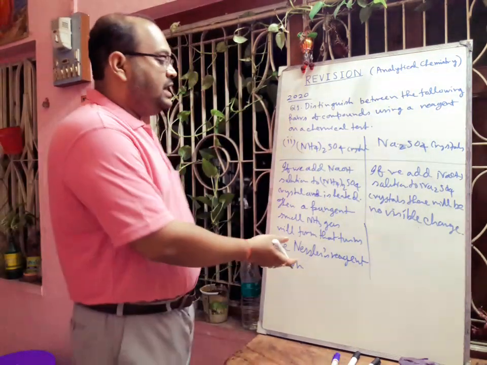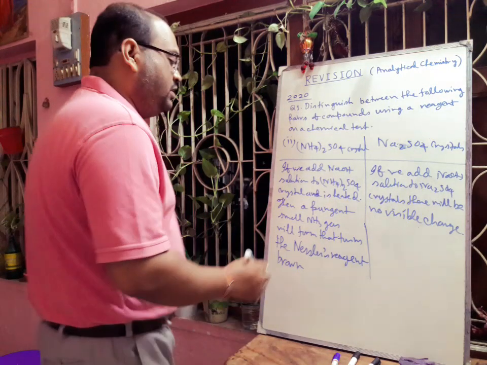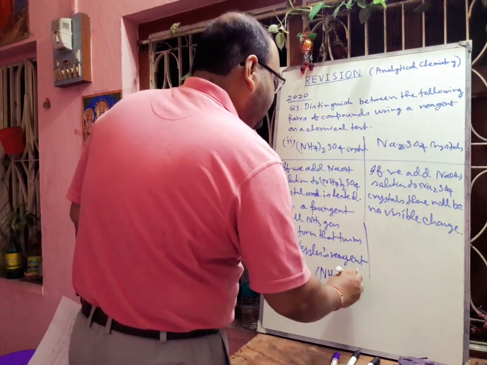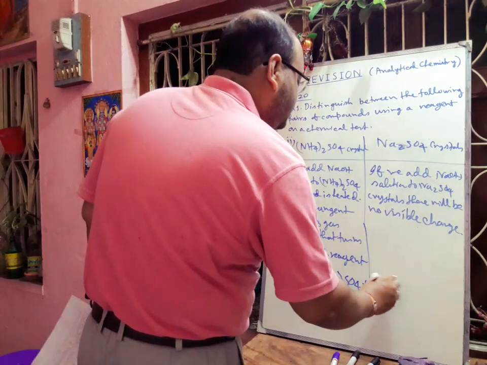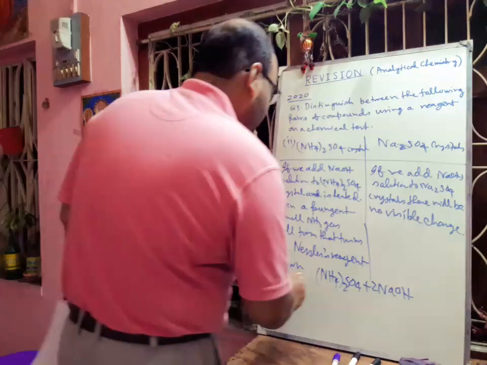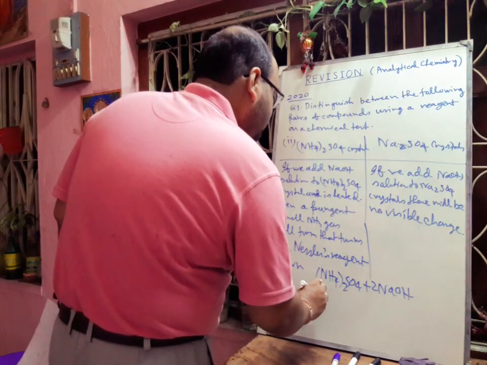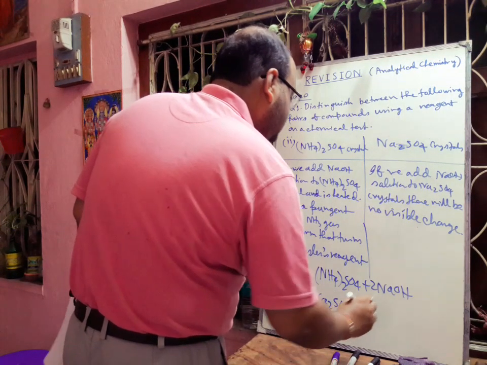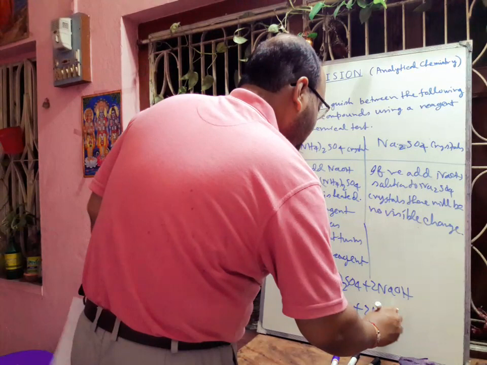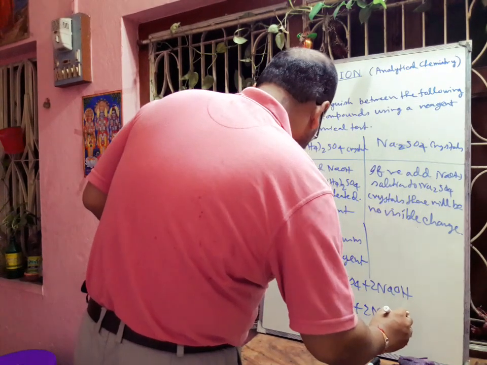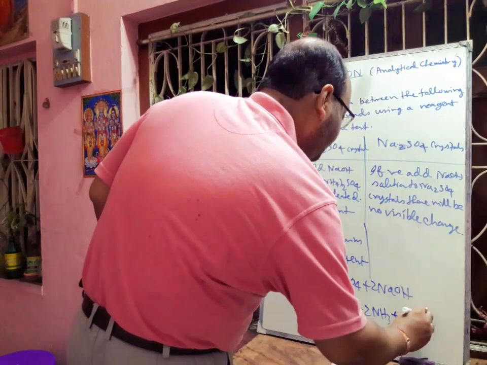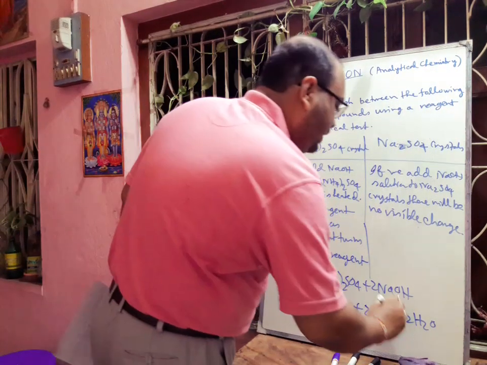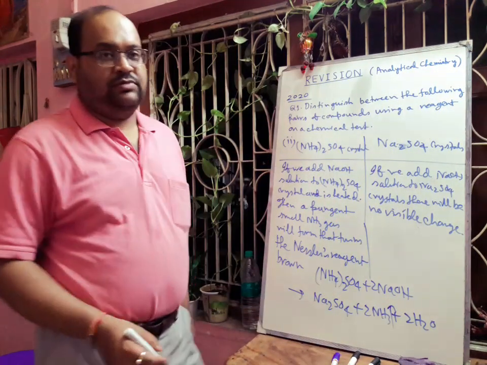Here you can give the reaction also: ammonium sulfate reacts with sodium hydroxide forming sodium sulfate plus 2NH3 plus 2H2O. So this ammonia gas turns the Nessler reagent brown.